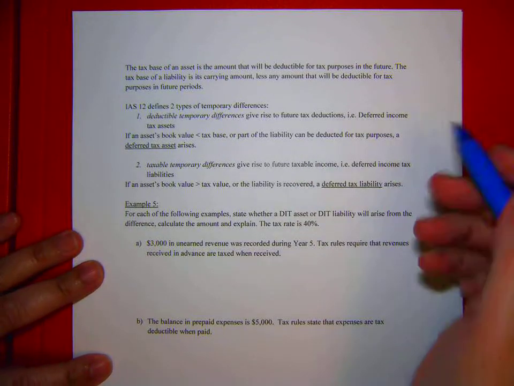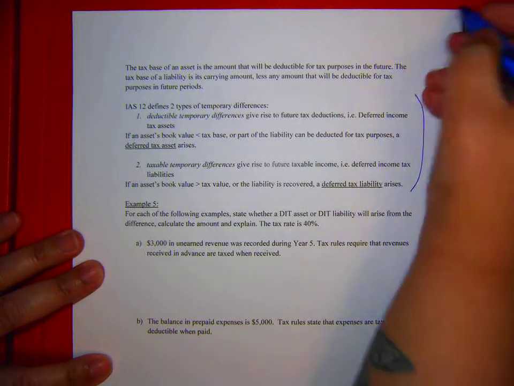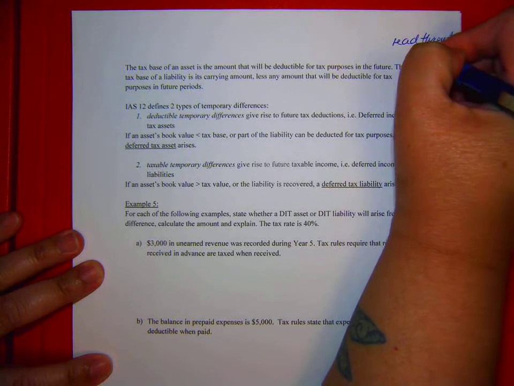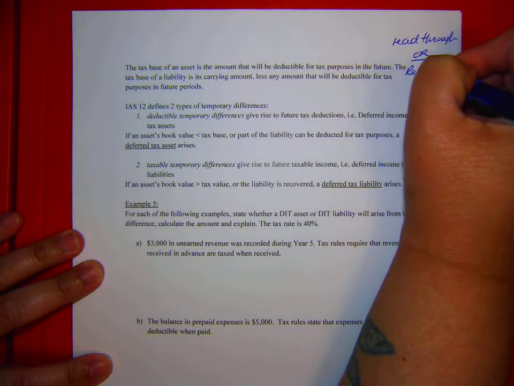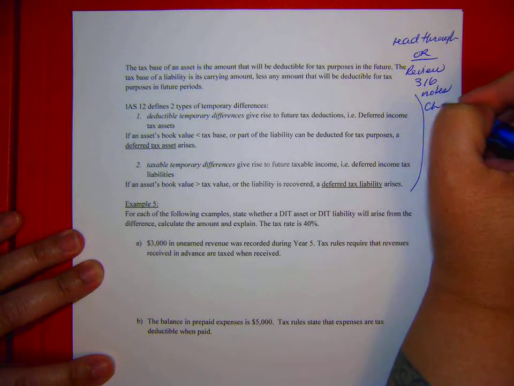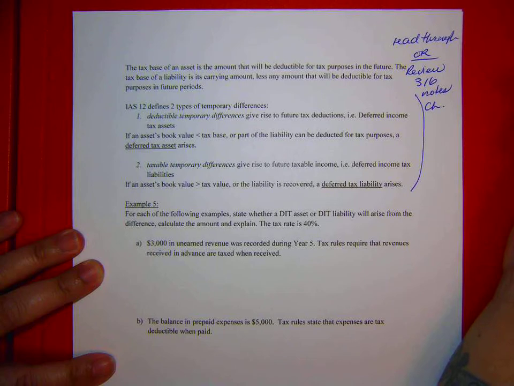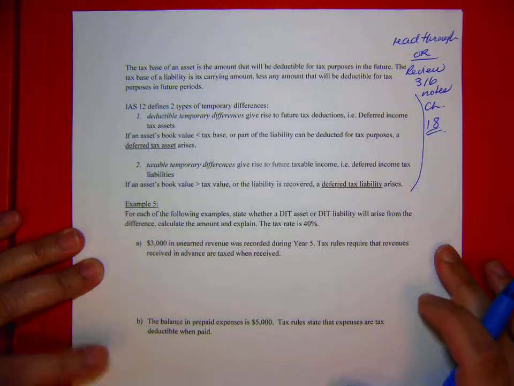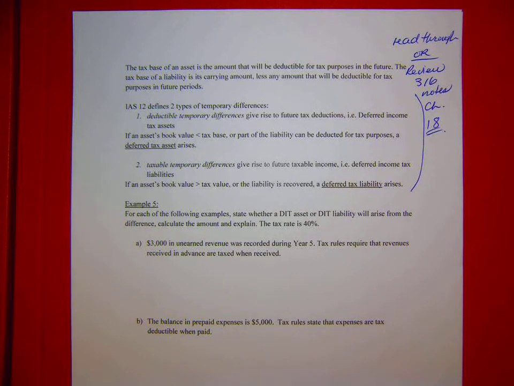So you can read through this, or just review your 316 notes, chapter 18, I think, and just get an idea of how DIT or FIT works. Usually the way you do the rules works best the way you've learned it.